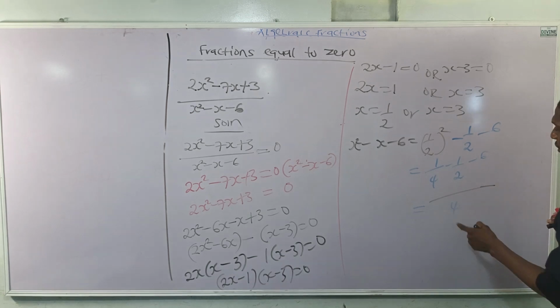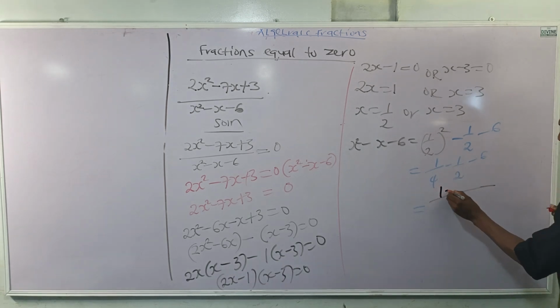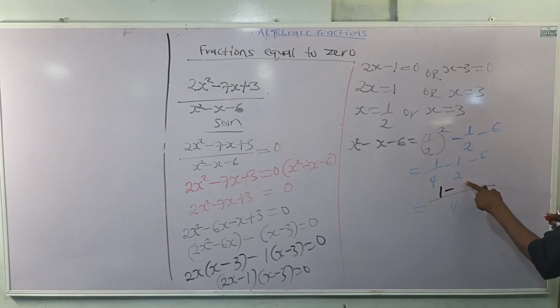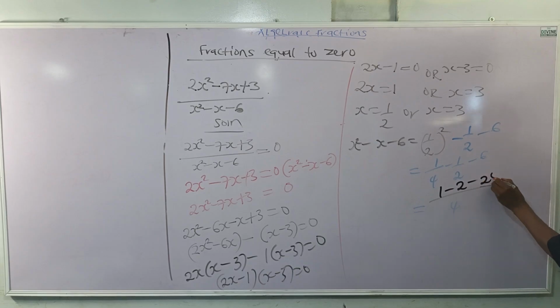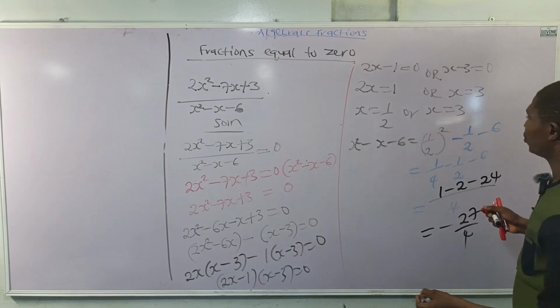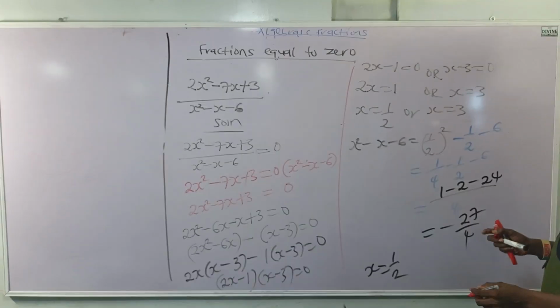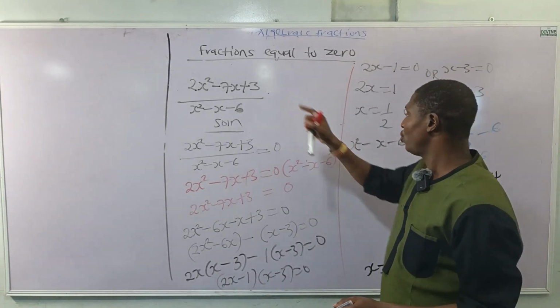And 4 into 4 is 1, and 1 times 1 is 1. Minus, 4 divided by 2 is 2, 2 times 1, 2. Minus 1 into 4 is 4, 4 times 6, 24. So I have negative 27 all over 4. So since this does not equal 0, I have x equal to 1 over 2 as a value of x that makes this expression equal to 0.